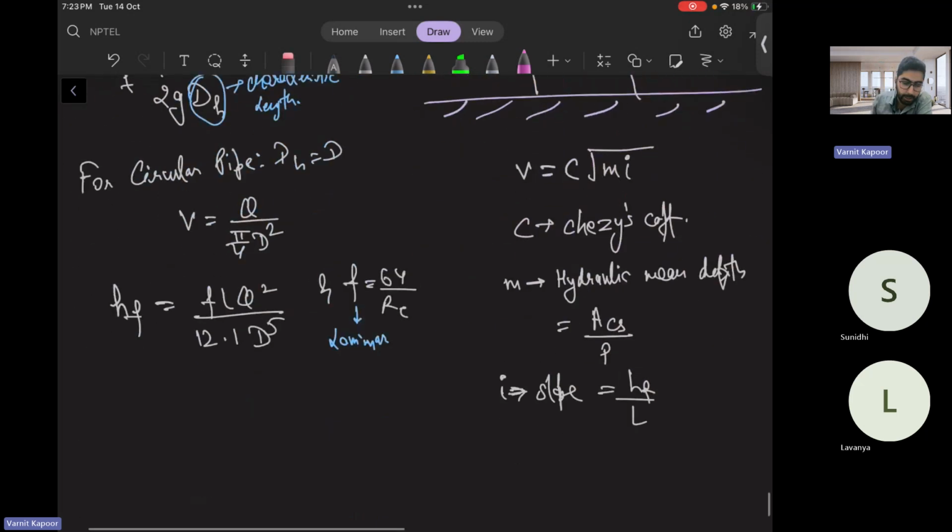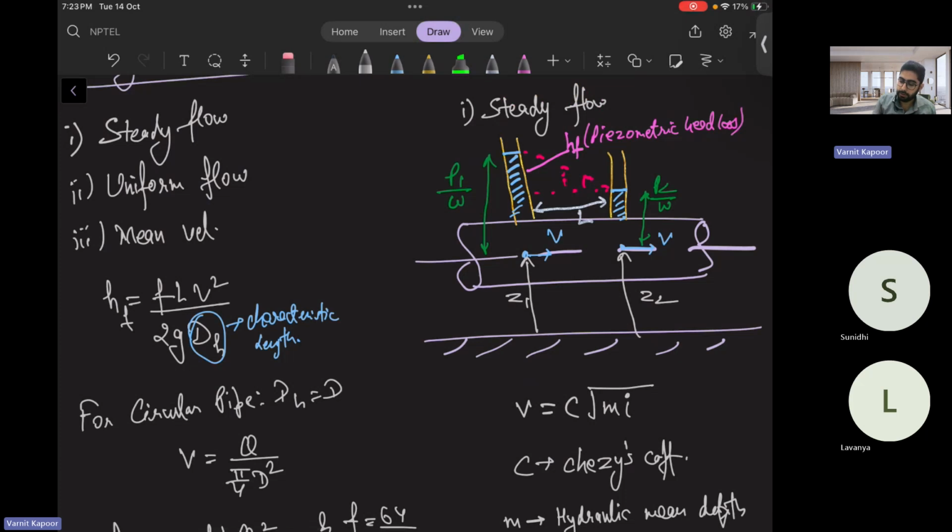Perpendicular by base is your I, so tan I is nothing but, or small in change, HF by L. I is tan I or I is HF by L, whatever you can write. So from here you get the loss HF.